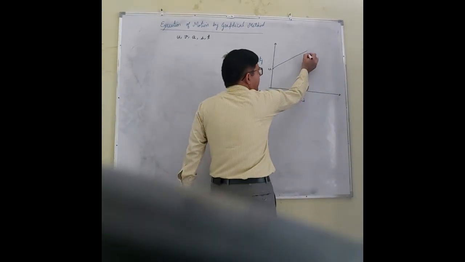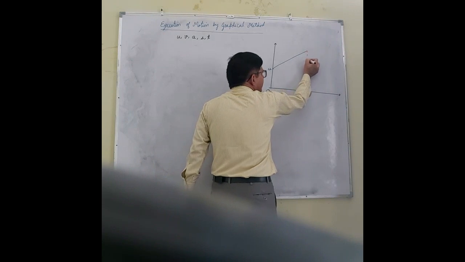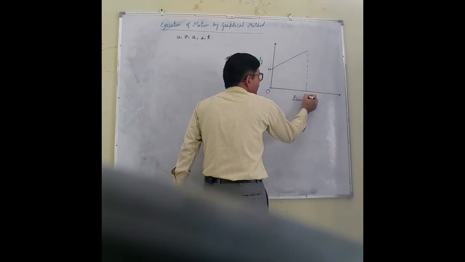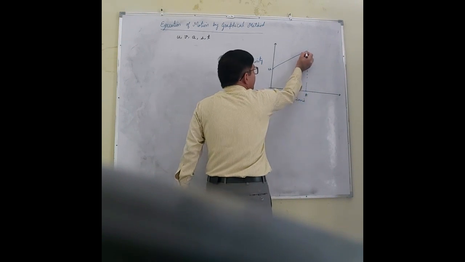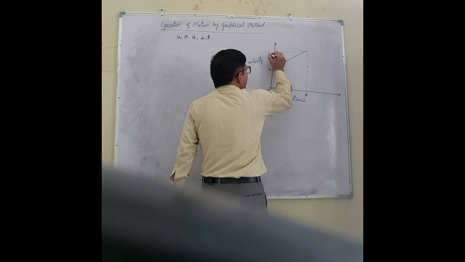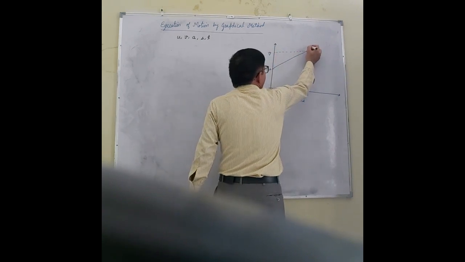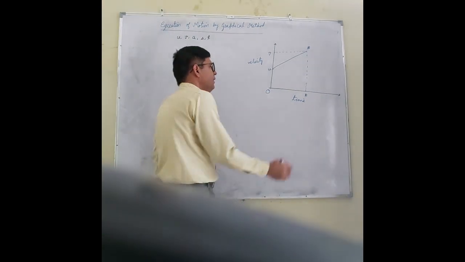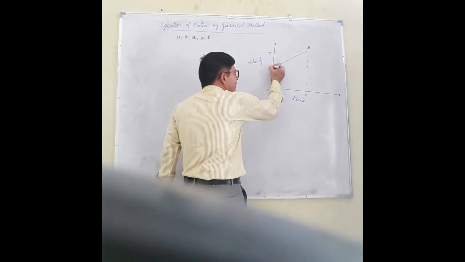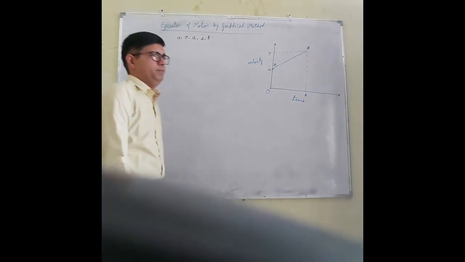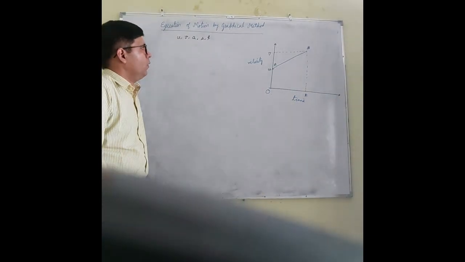At time t, let us say this is the time t, velocity becomes v. So B is the point where velocity is v and time is t, and A is the point which represents initial velocity. I think this is clear.